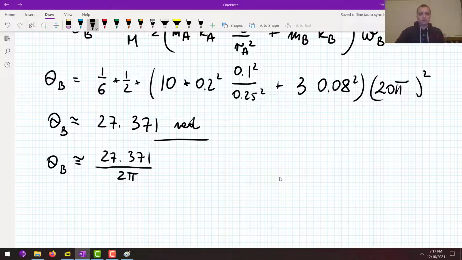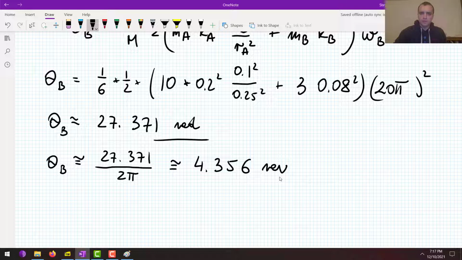If you grab your calculators again, you will obtain that this is approximately 4.356 revs. Okay, so this is our answer to part A.